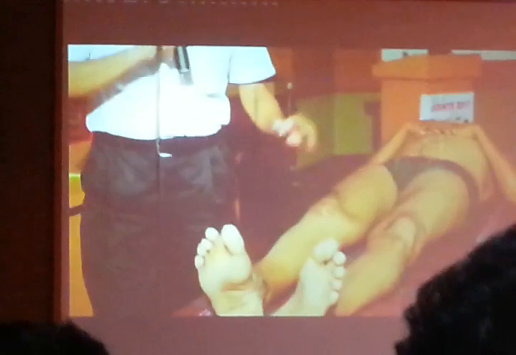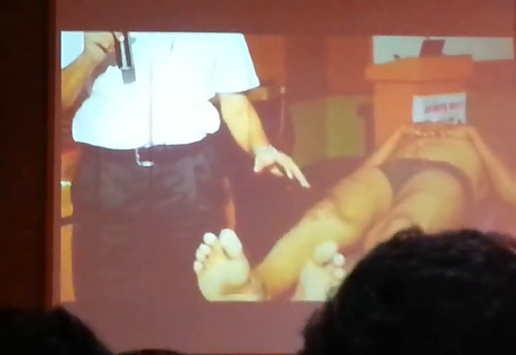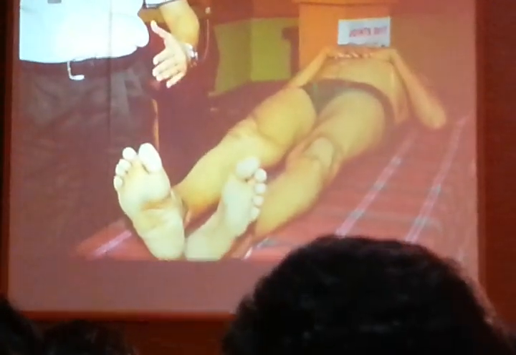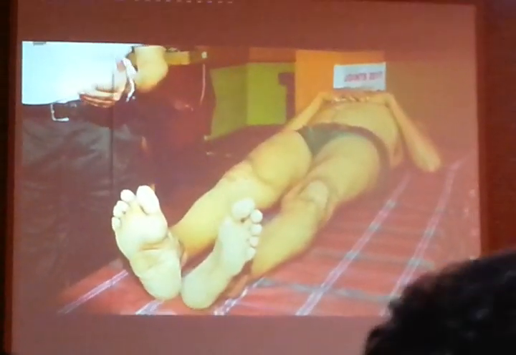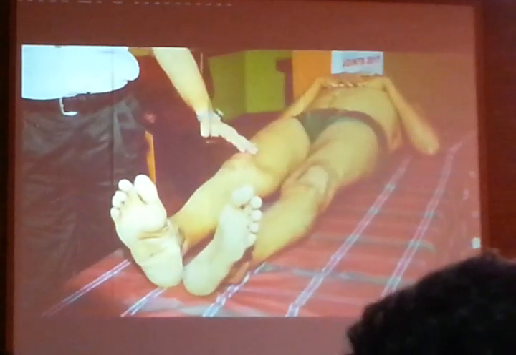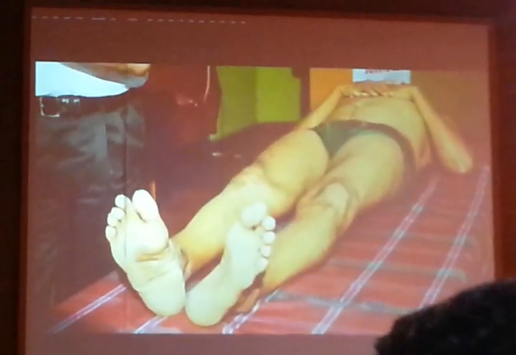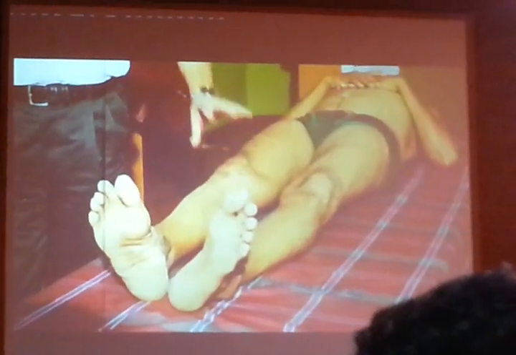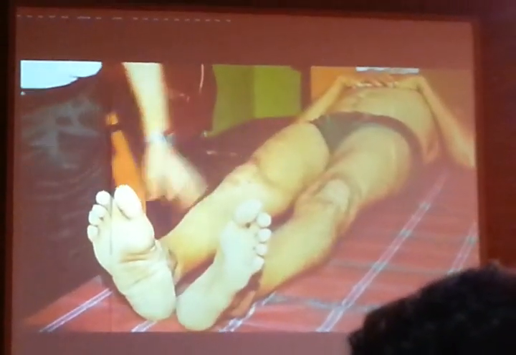Unless the muscles are relaxed, if you try to move it in the coronal plane, you are going to probably get a wrong reading. So this patient probably has not relaxed when you were doing it. He is not relaxing now also. I am trying to get him to relax.